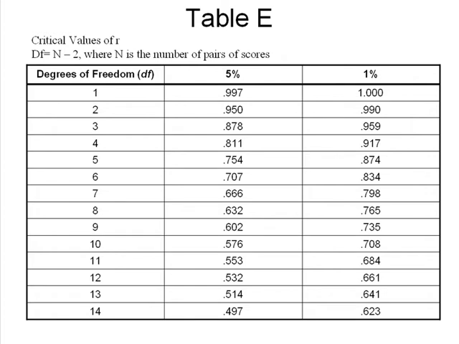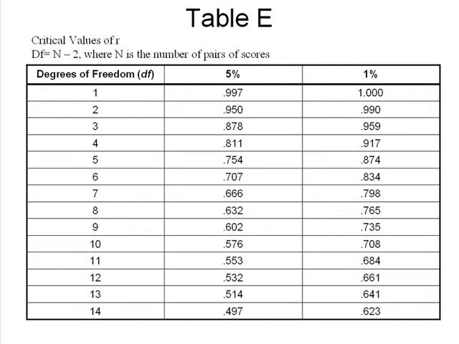It tells you that the degrees of freedom equal n minus 2, where n is the number of pairs of scores. Then it's got a column for degrees of freedom, a column for the 5%, which is the same as 0.05, and a column for 1%, which is the same as an alpha of 0.01.